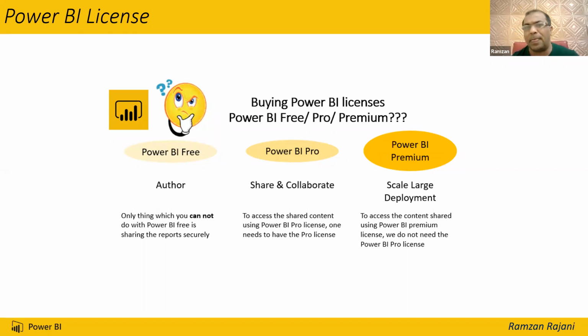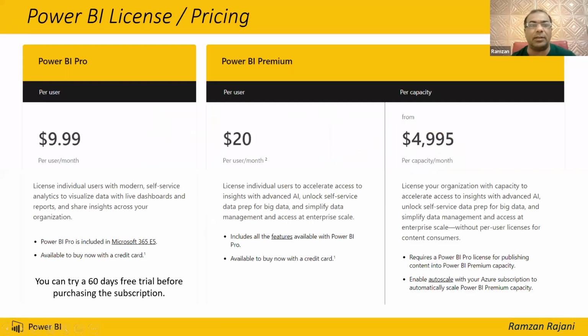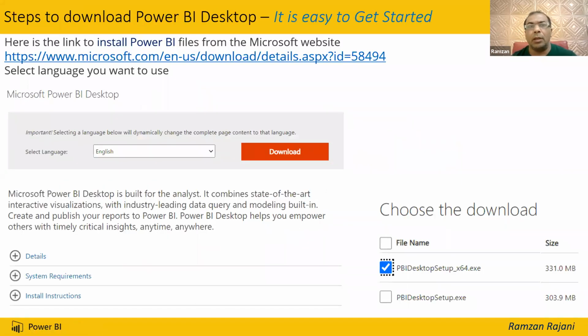Premium is for large companies with 4,000-5,000 people. This is basically the pricing, just for your idea. Companies mostly use this, and as an individual you can surely go for it if you wish. But you can still use it free for 60 days, and then upgrade.